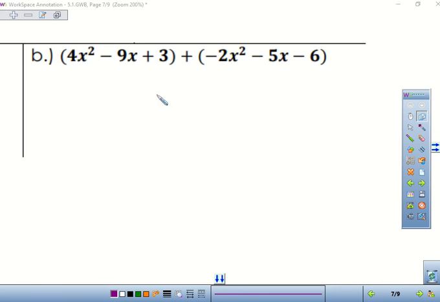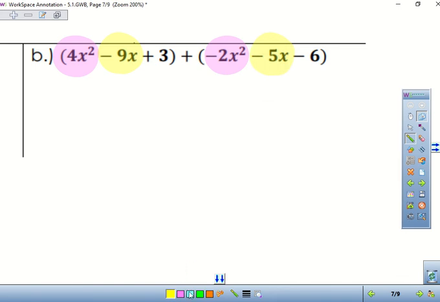No, I'm confused now. All right, so for this one here, this one is addition. So do I have to worry about distributing a negative? No, so now I'm just identifying like terms. As you can see, we've got like terms, we've got like terms, and then we have more like terms.